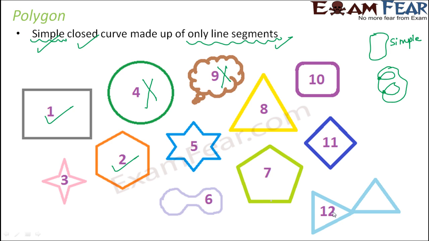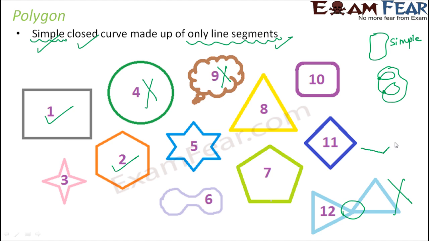If you look at number 12, it is closed. It is made up of line segments: 1, 2, 3, 4, 5, 6 line segments make it. Is it a simple curve? No, because it crosses over itself. You see, it is crossing over itself like this. So at this region, it is crossing over itself. Therefore, this is not a polygon.